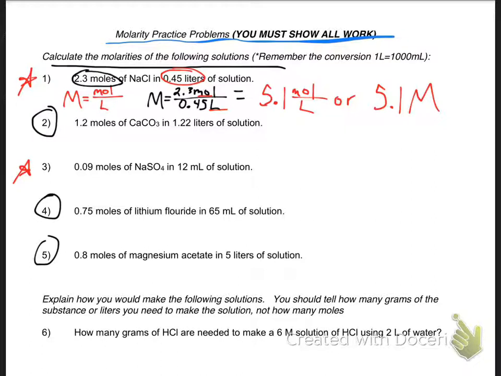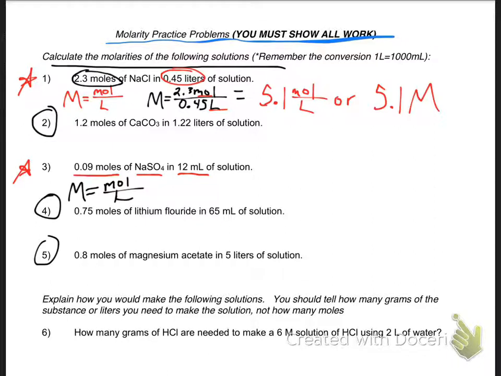All right, let's move on to number 3. This one's a little bit different. So we are supposed to still calculate molarity, and I have 0.09 moles of sodium sulfate and 12 milliliters of solution. Now, notice the equation is molarity equals moles divided by liters.